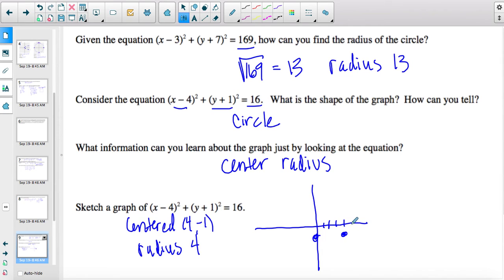That point's easy. 1, 2, 3, 4. There's that point. I counted up 4, and I counted down 4. And then I'm going to draw my circle. And there's my circle graphed on an XY coordinate. Radius of 4, center of (4, -1). So that's how we graph circles, and it's pretty straightforward.